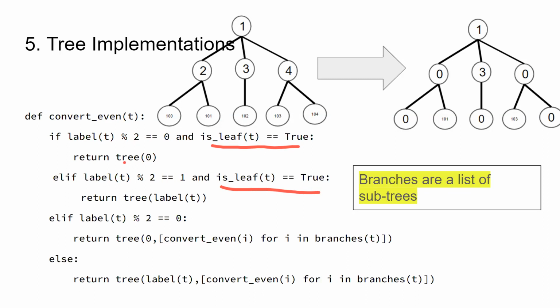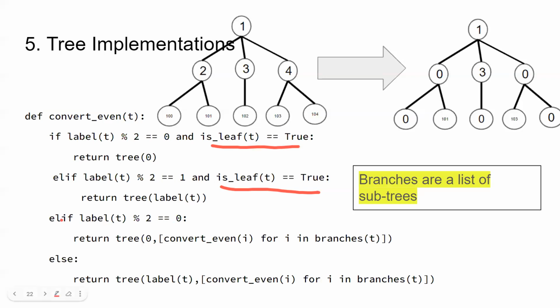So I return a leaf of 0. Yeah. And otherwise, satisfied with either one, which is this is a leaf, but this is not an even number. So you return tree of label as if it is the old one, because we don't change that. So we still pass label of t into tree.